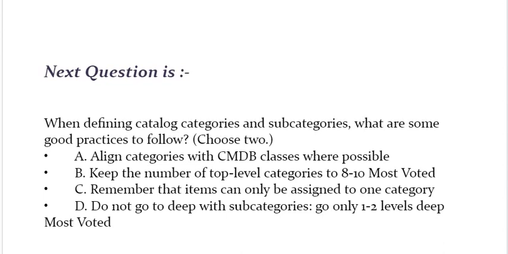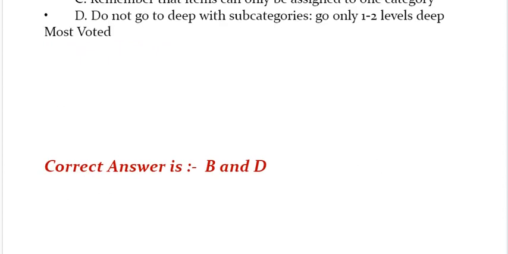Option C. Remember that items can only be assigned to one category. Option D. Do not go too deep with subcategories. Go only 1 to 2 levels deep. Correct answer is option B and option D.